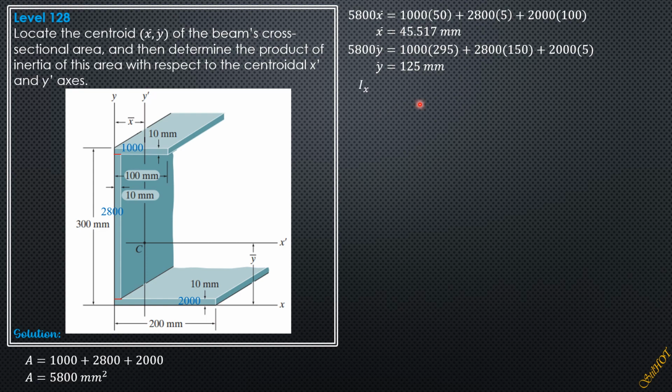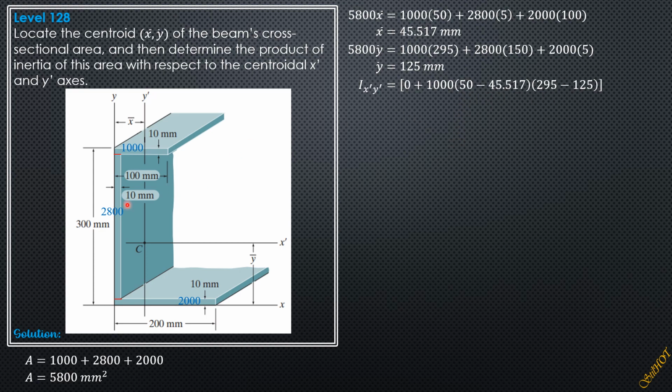So therefore, Ix prime y prime for the first area is 0, then area 1000, quantity 50 minus 45.517, quantity 295, its y coordinate minus the bar y. So the x coordinate of the area minus bar x, to be consistent.